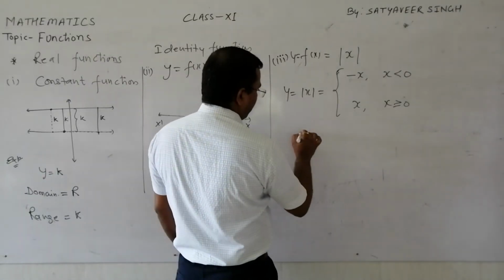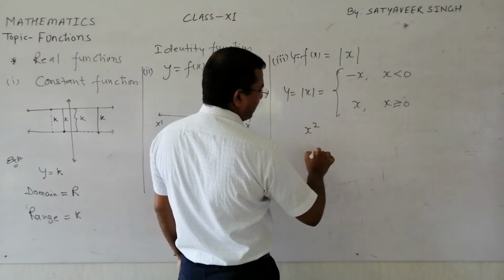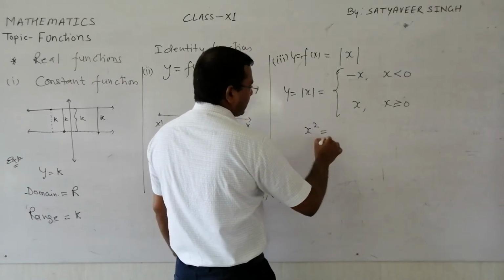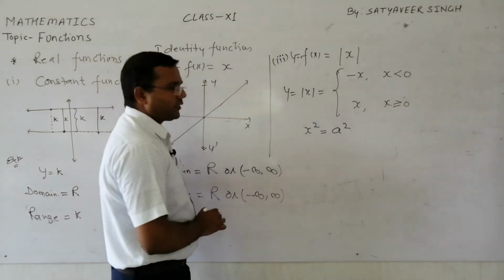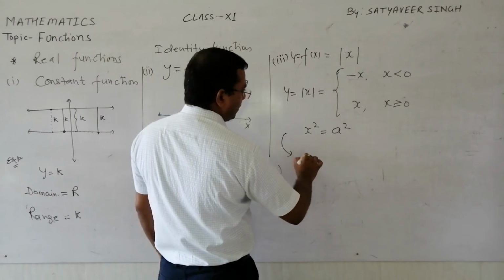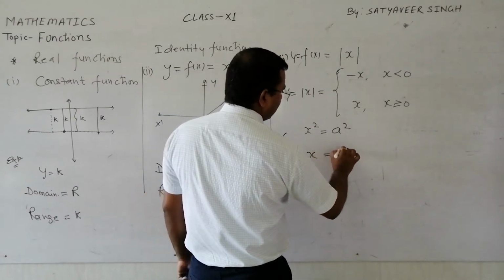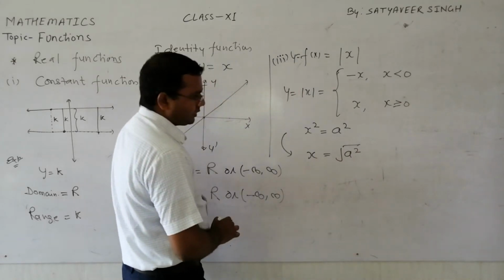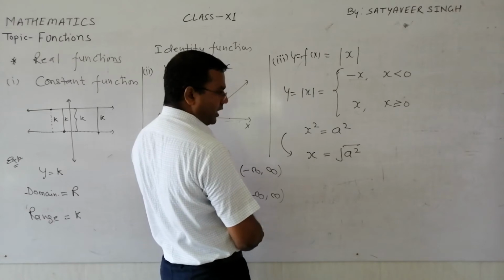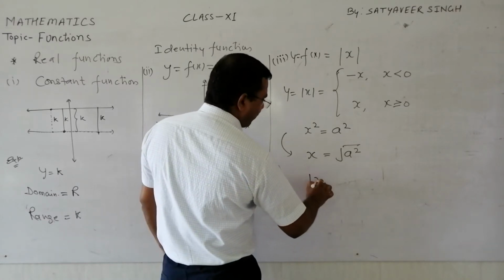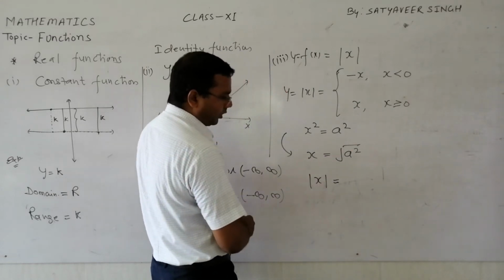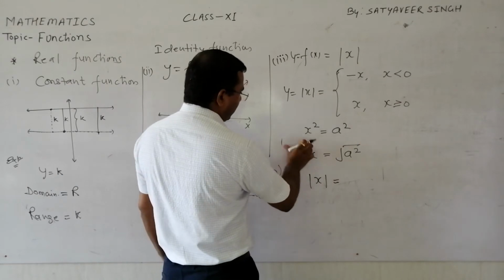And what is this actually? Suppose x square is equal to a square. So if you write from here, x is equal to the root of a square. See student, the square root of a square is denoted by modulus x, which gives you this value.